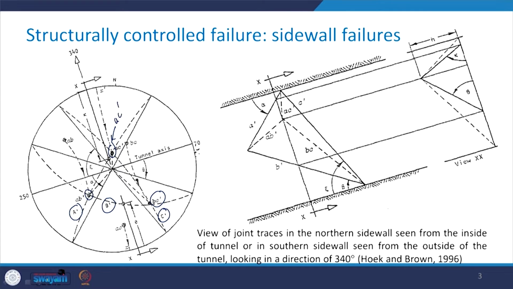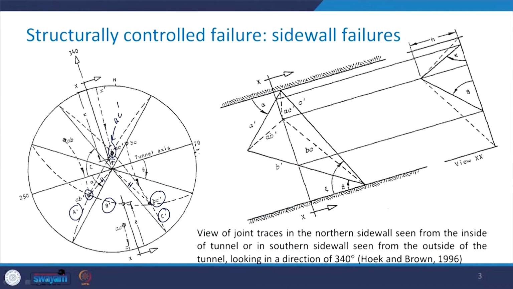Now, just join these points with the center and you will get this dotted line, this dotted line and this dotted line. So, the statement mentioned in the previous slide means that this line AC prime is parallel to this line, BC prime is parallel to this, and AB prime is parallel to this line.